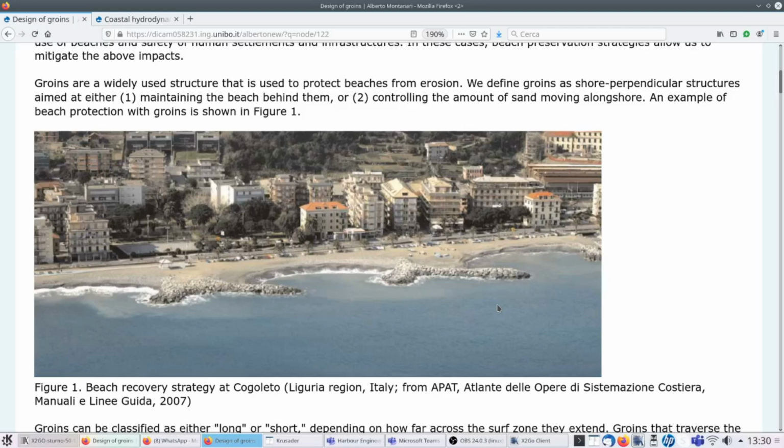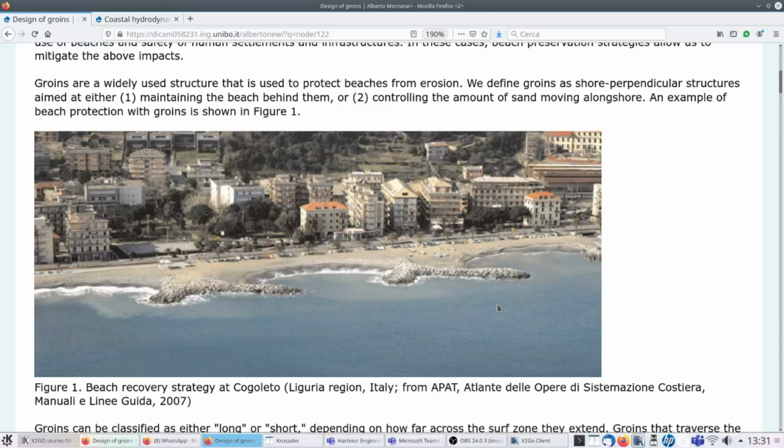Here, if they didn't put the T's, the effect that they would have obtained would be that the beach would move landward. If they increase the spacing, if they increase the width of the aperture, they would move the beach, as I said, landward.